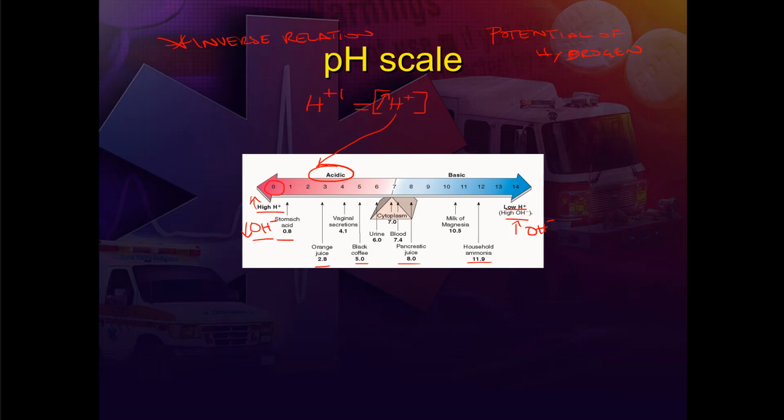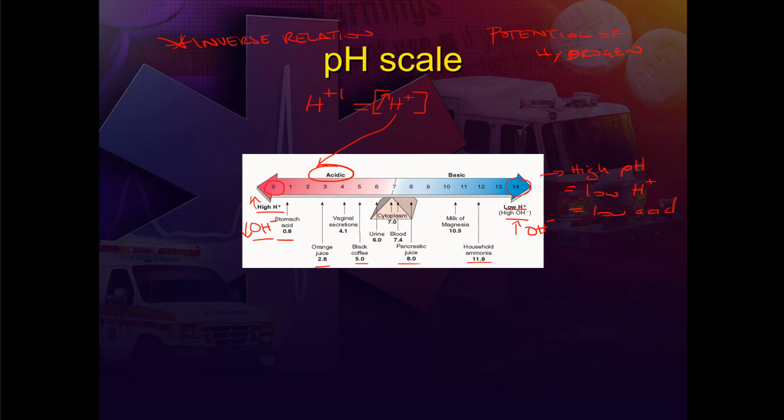And that's important because if we have more hydrogen ions than we have hydroxide, then we have an acidic concentration. But the higher the pH value, high pH equals low hydrogen ion equals low acid. That's the relationship. So in your brain, spend some time trying to get that together.